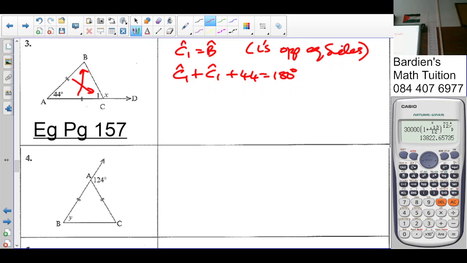If you said C1 plus angle B, it's not going to give you C1 plus C1. So I first qualify that C1 is equal to B, angles opposite equal sides. Now I say angle C1 plus angle B, which is also C1, plus 44 is equal to 180. Why? Sum of angles of a triangle.